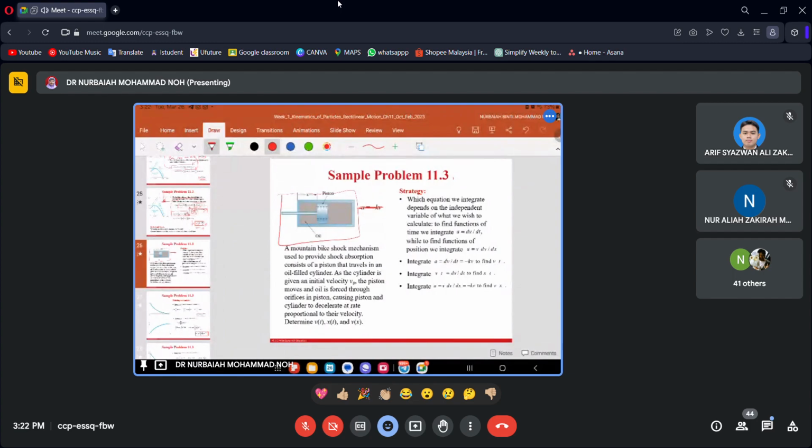And then as the cylinder is given an initial velocity, v naught. Okay, dia ada initial velocity tetapi dalam sebutan v naught.